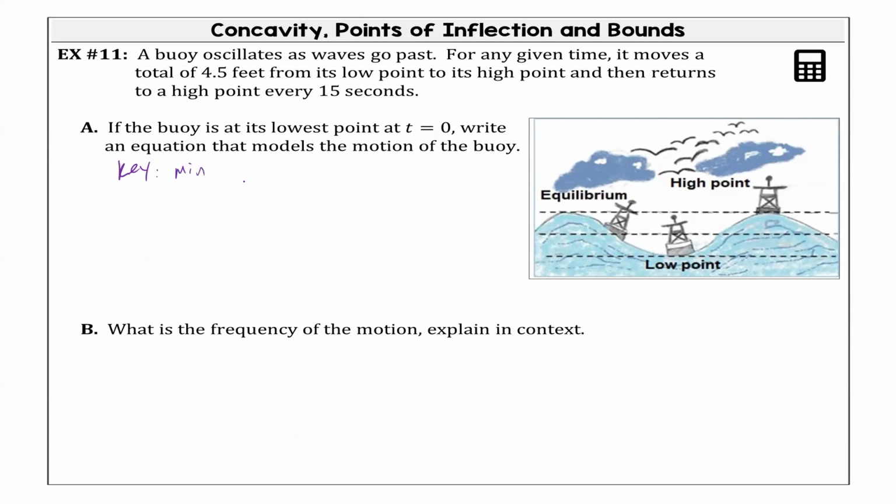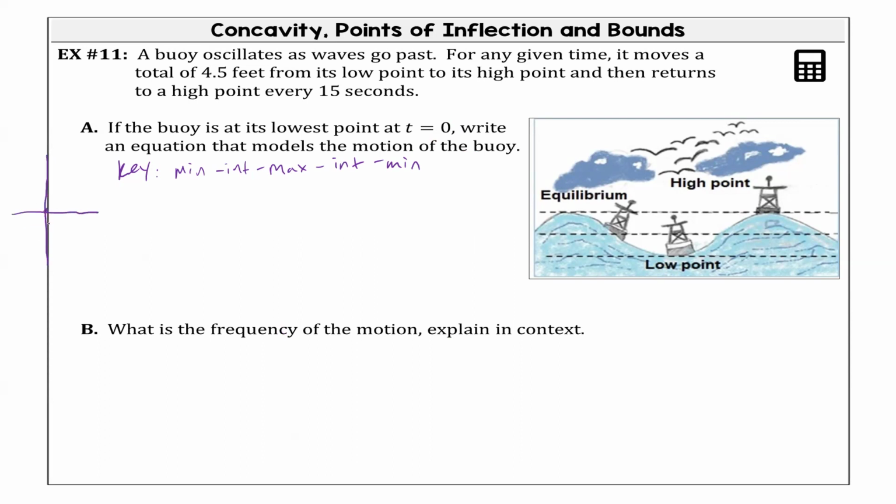We have a min, then we're going to come back up, and then we're going to have a max, then head back down, and then a min. So it's oscillating: min, max, min, max. So what kind of cosine is it? It's a negative, not at the origin.